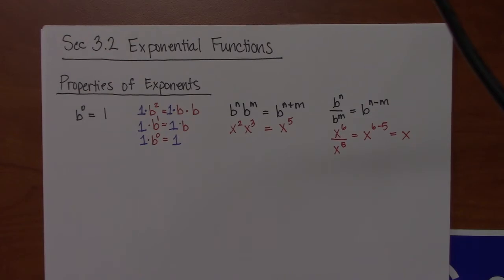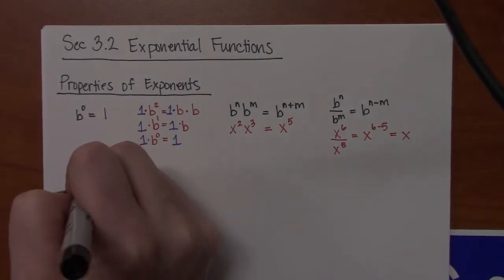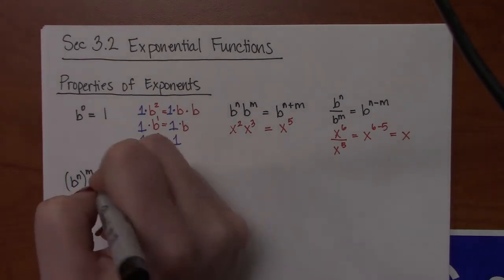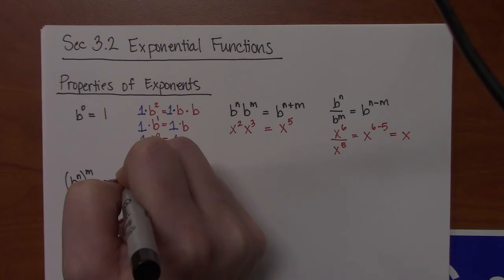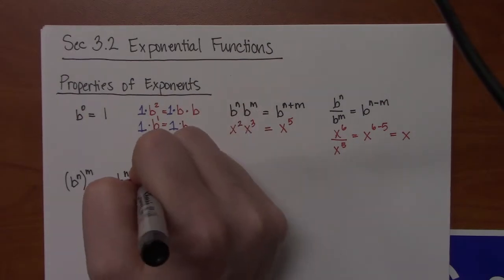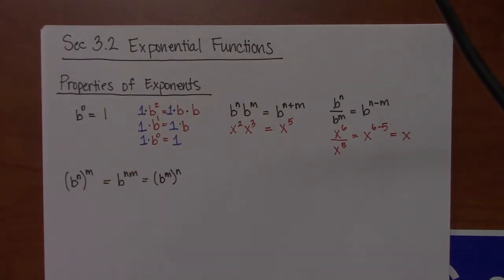Another thing we can do is we can say, if I take a number raised to a power, and then I raise the whole quantity to a power, then we multiply our exponents together. And furthermore, I'm allowed to switch the order. That's the same thing as taking b to the m and then raising it to the exponent n, because all I'm going to do is multiply the two numbers together, and you're allowed to multiply in any order you want.